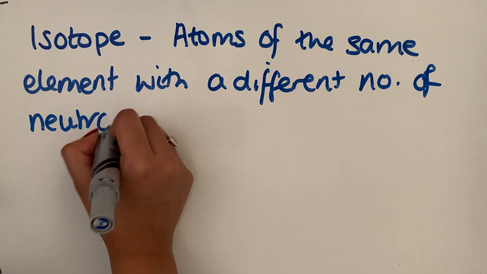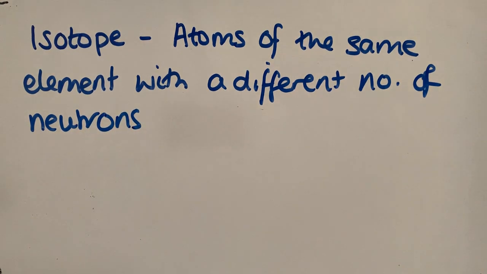Okay, so the only thing that changes here is the number of neutrons. Therefore the number of protons and electrons stay the same, and the atomic number stays the same, which it should do with each element, but the atomic mass is going to change.